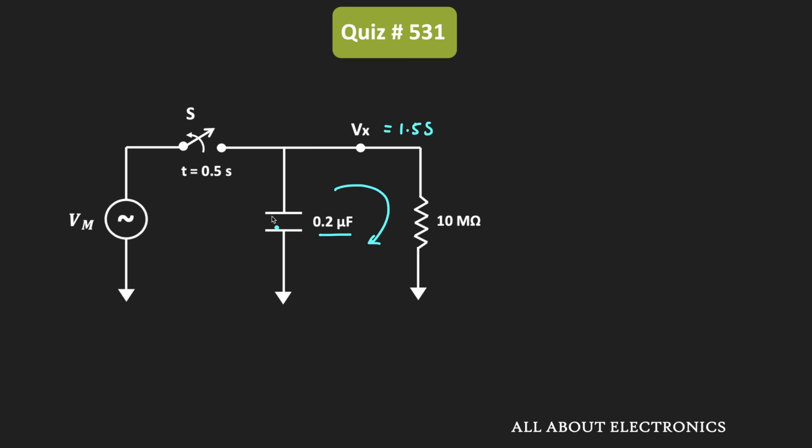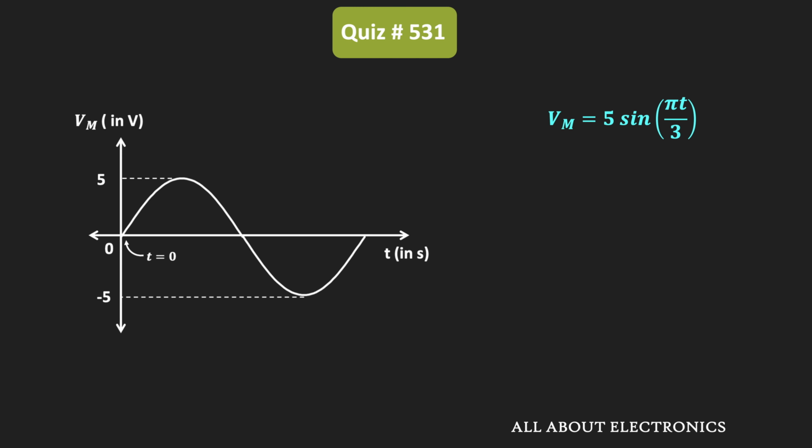But for that, first of all, we need to find the initial voltage across the capacitor, that means the voltage across the capacitor at time t equal to 0.5 second. We have been given that the input to this circuit is the sinusoidal signal equal to 5 sin(πt/3).